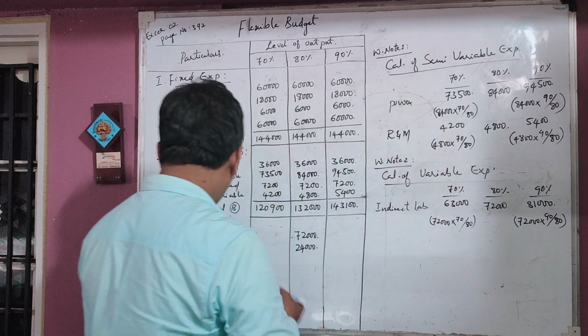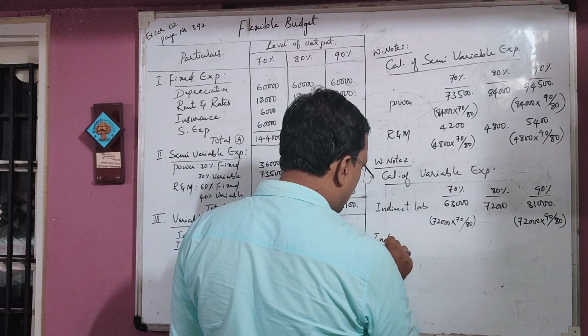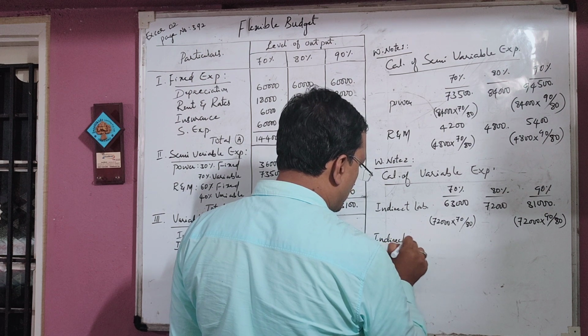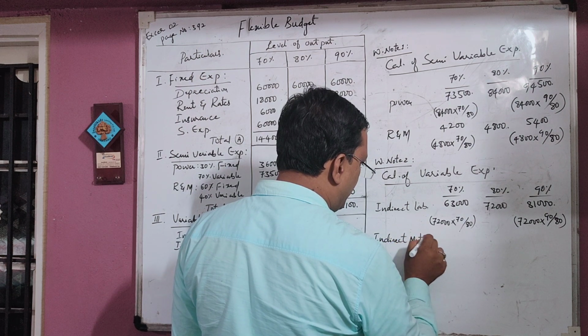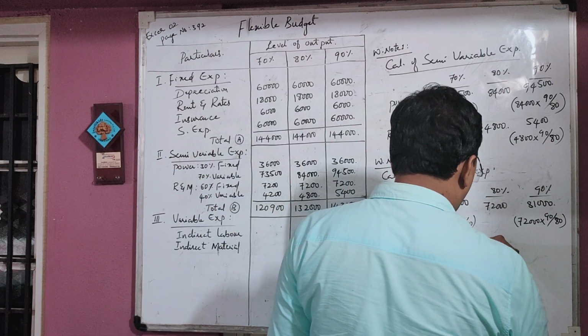Here again, indirect material, the second item. The given indirect material is 24,000.